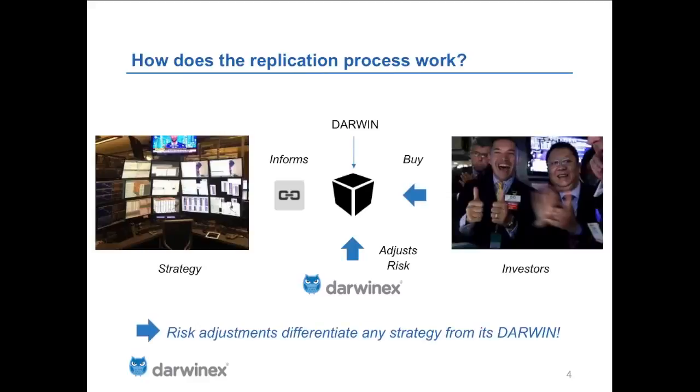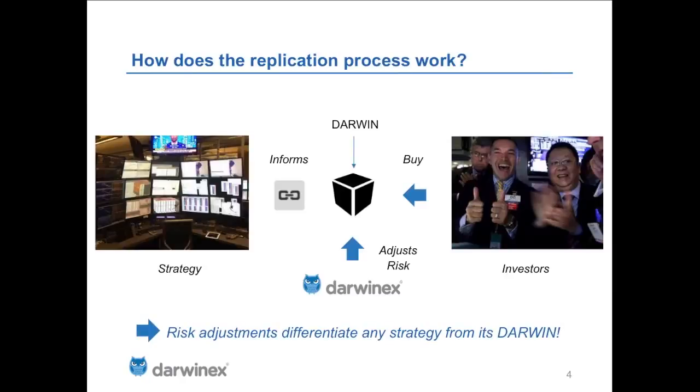So it is important to note that whilst the Darwin is based on a trading strategy, it is not the same as the underlying trading strategy. And the differences between both will be the more substantial, the worse the risk management by the original trading strategy is.